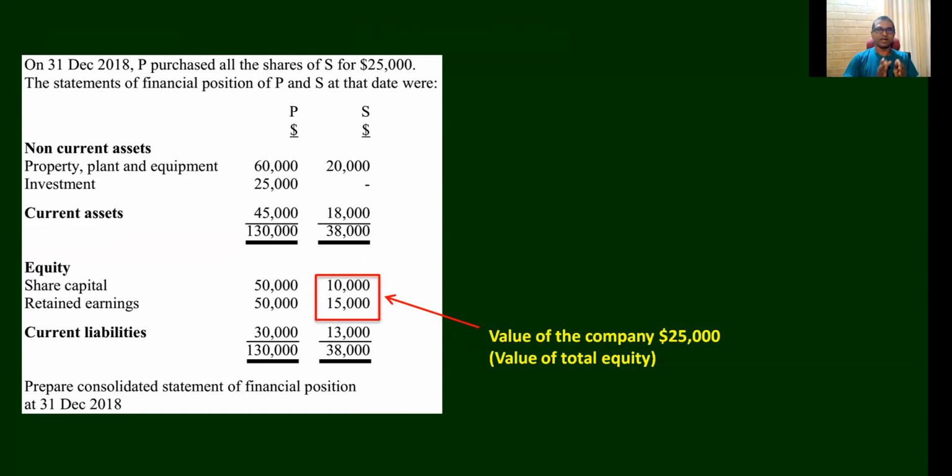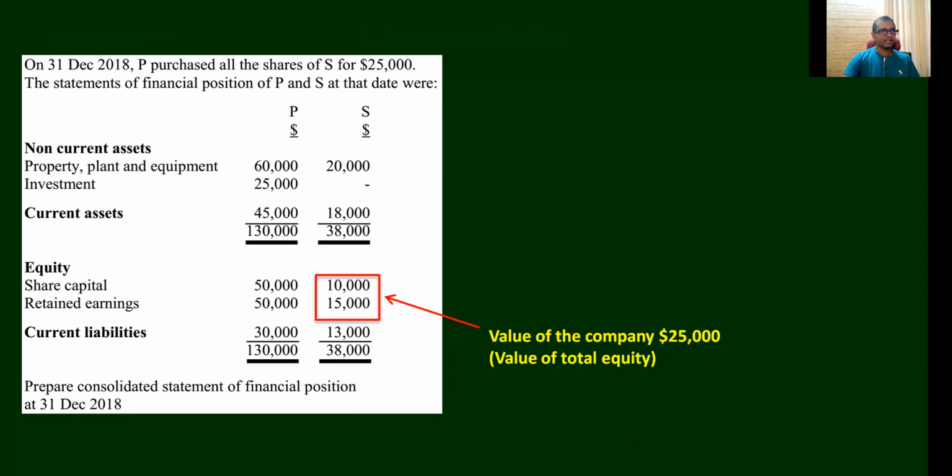S has a value of 25,000, as I have already explained. The total value of equity, 25,000, is the value of the company. If P tries to acquire this company, P has to pay 25,000 because the owners' belonging of this company is 25,000.